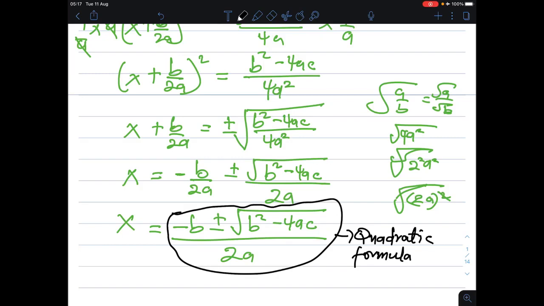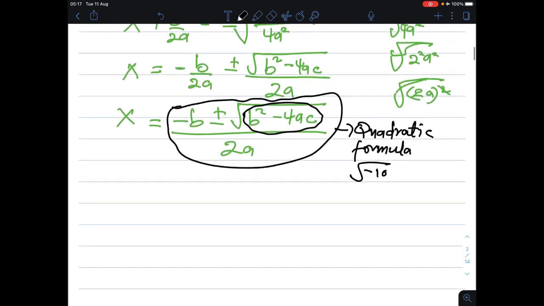Okay, and the reason why I said most and not all is that it cannot solve a quadratic equation when under the square root your answer is negative. Let's say negative 10. It cannot solve it. Okay, and I'll tell you why in the course of this study.